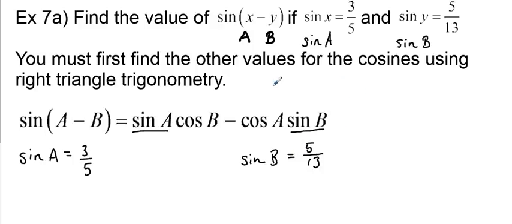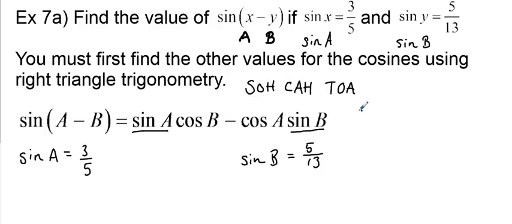Now, if you remember from right triangle trigonometry, remember that we had the acronym SOH CAH TOA. What this reminds us of are the ratios for sine, cosine, and tangent. We're not going to worry about tangent for this particular problem, but we are going to use sine and cosine.